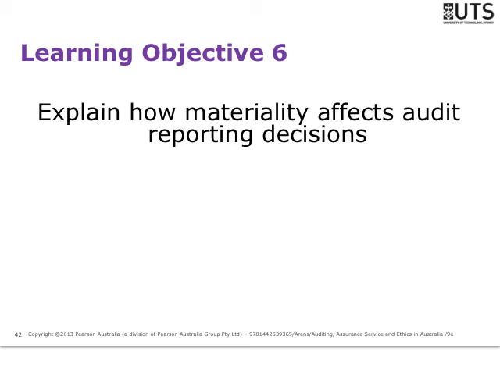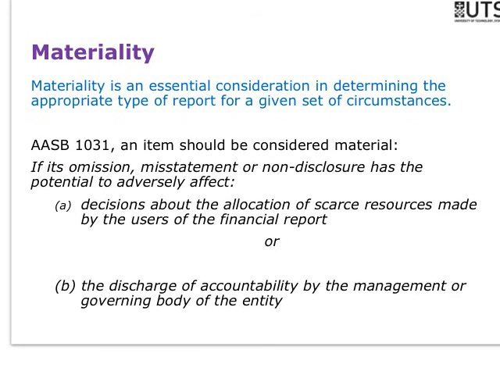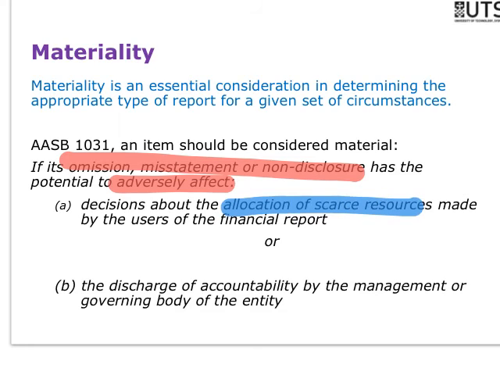Okay, learning objective 6 is to explain how materiality factors into audit reporting decisions, because at the end of the day, materiality defines what is materially and not materially misstated. If you remember back a few weeks, we talked about materiality as being an omission, misstatement, or non-disclosure that will adversely affect decisions about the allocation of scarce resources and the ability of management to discharge their accountability.